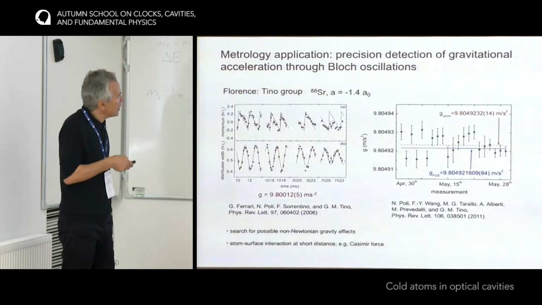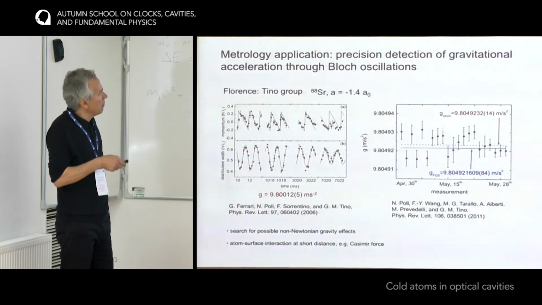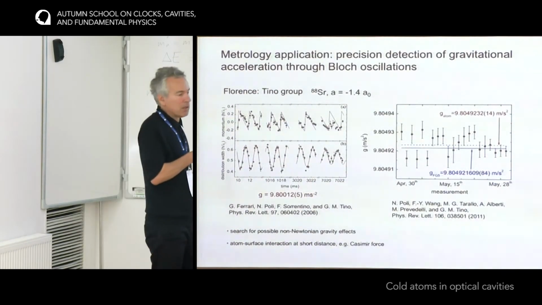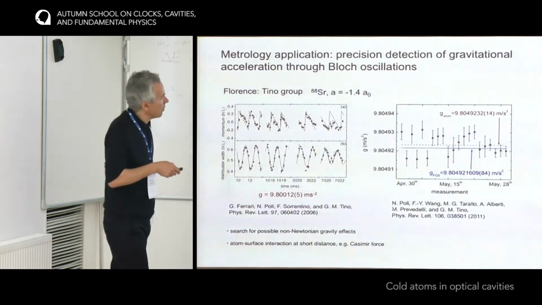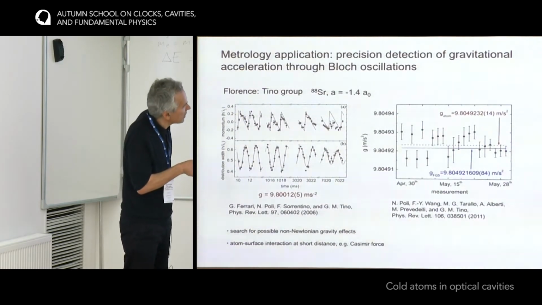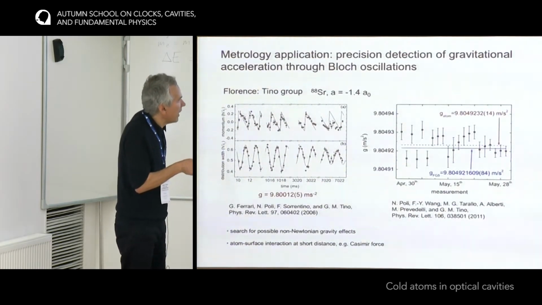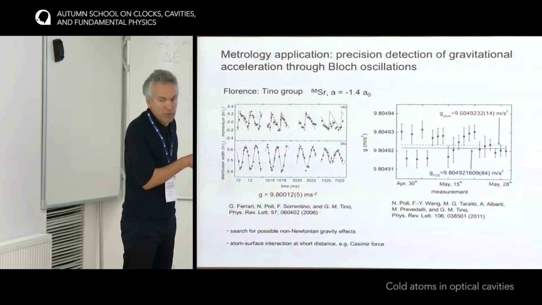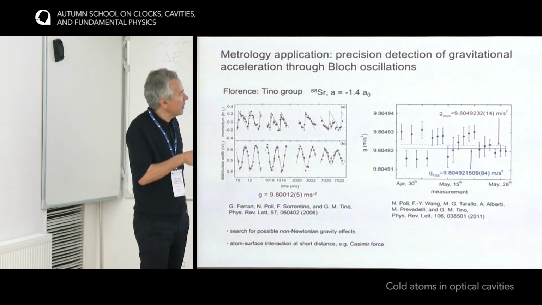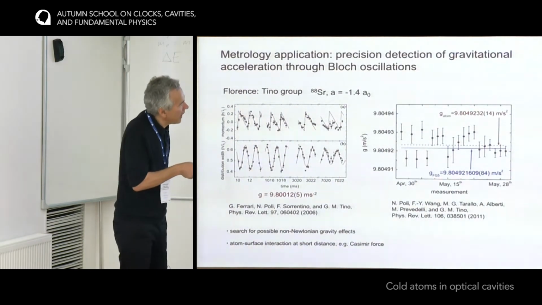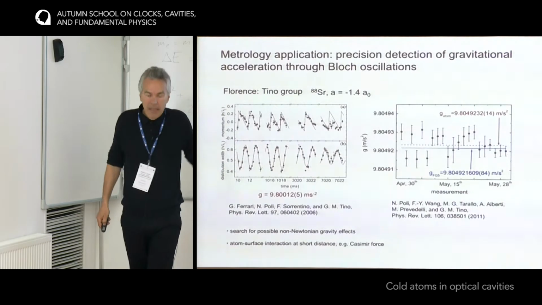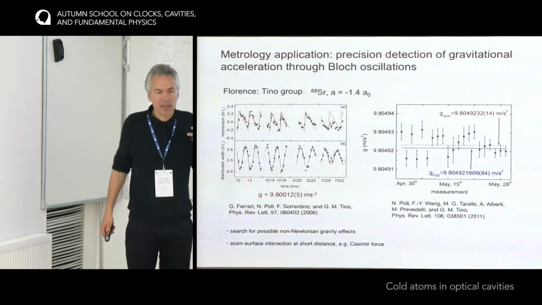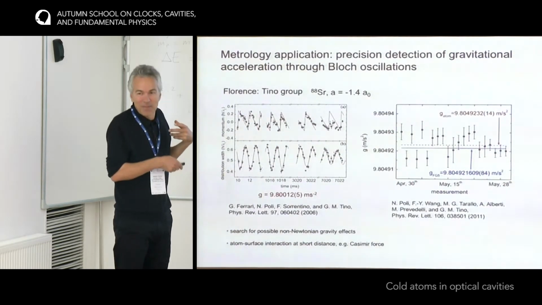And he has been, during the years, pretty successful to get to notable precision. You see in an experiment in 2011, he has measured little g to some amount of digits using Bloch oscillations. At that time, it was not quite where you can go with other techniques, but already very close.